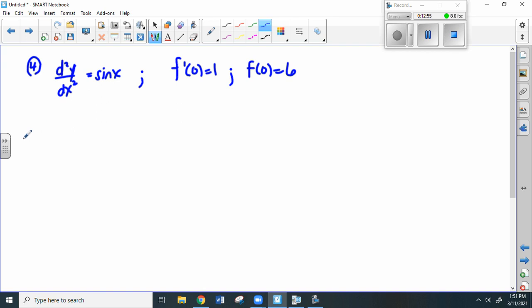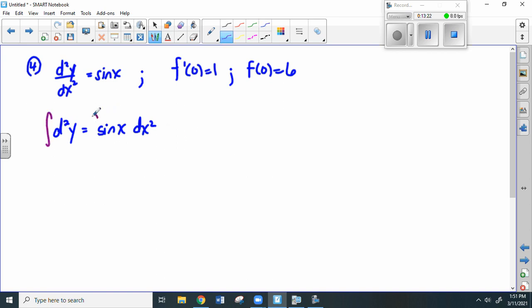Okay? So the first thing I'm going to do is separate my variables by moving all of the x's to the same side. By the way, when you do this for a free response question on the AP exam, if you do not show them that you move the dx over, you are ineligible to earn any points. Okay, so you always have to show that step, right?